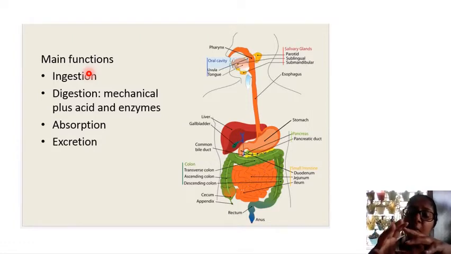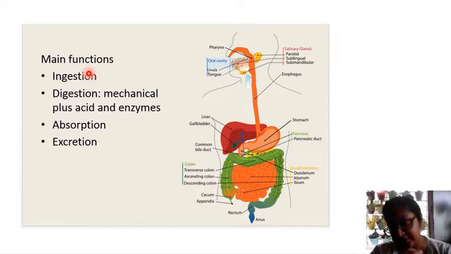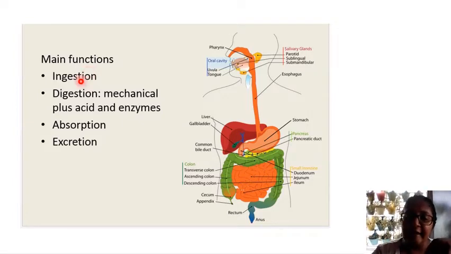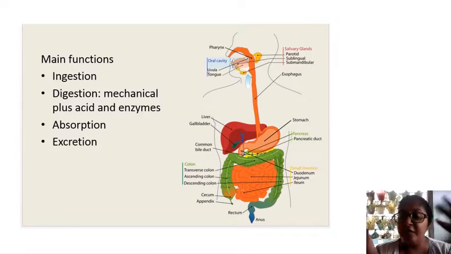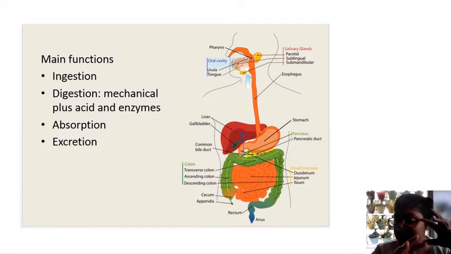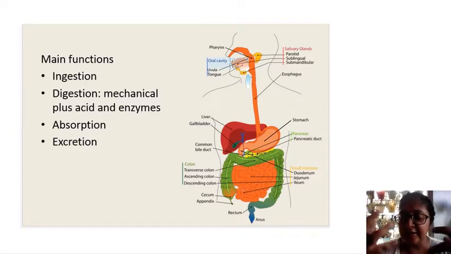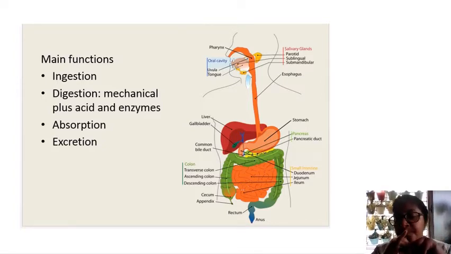A mixture of both mechanical and chemical can lead to the digestion process. After digestion takes place, there is absorption, and after absorption we have excretion or defecation. Absorption is the process where we get the nutrients and absorb them into our body.